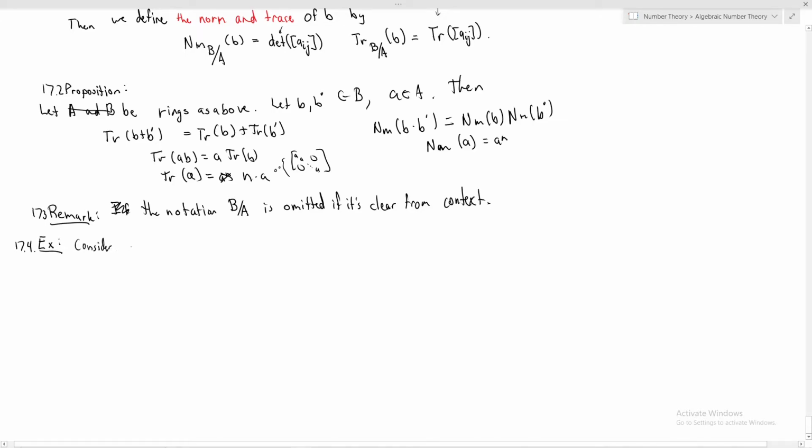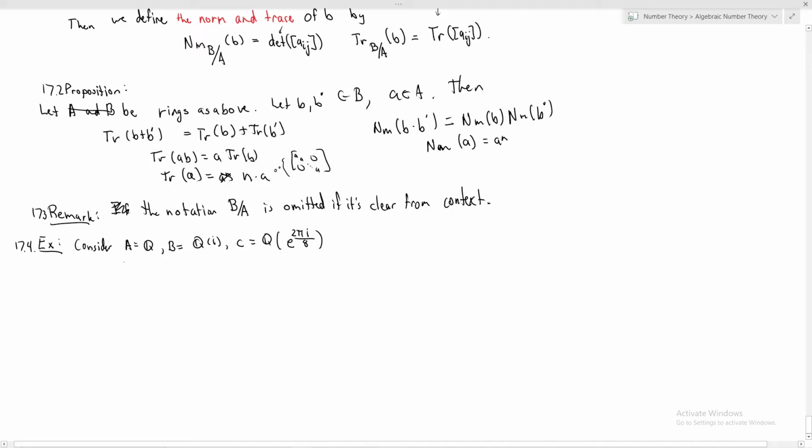Consider A equals Q, B equals Q adjoin i, and let's try C equals Q adjoin a primitive eighth root of unity, e to the 2 pi i over 8. Okay, so we see that we have containment of A, B, and C.